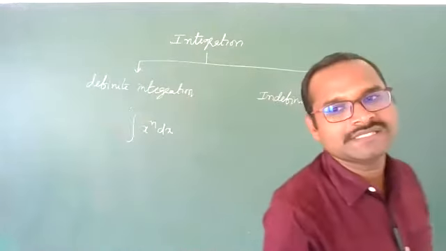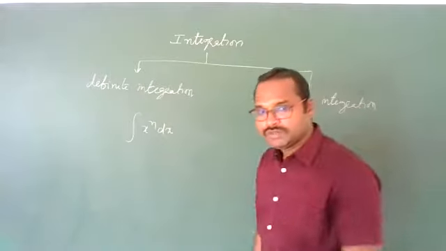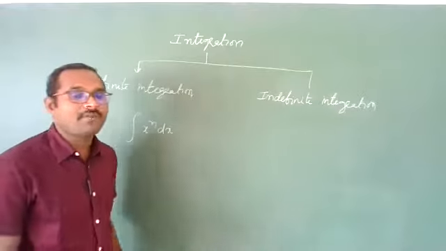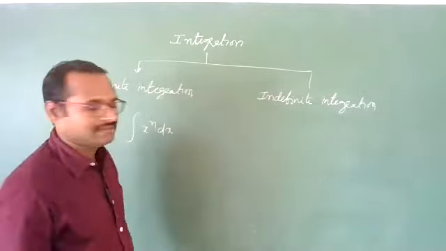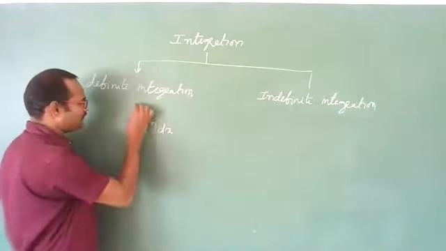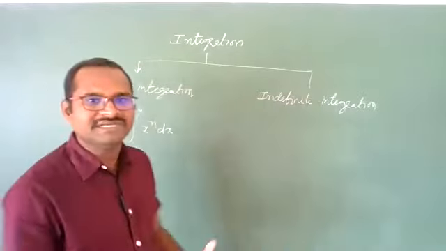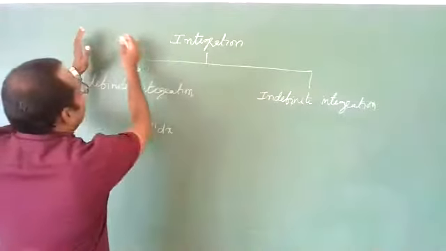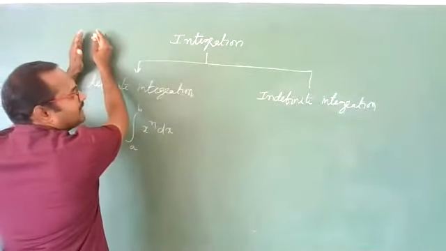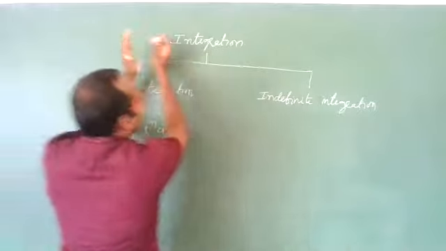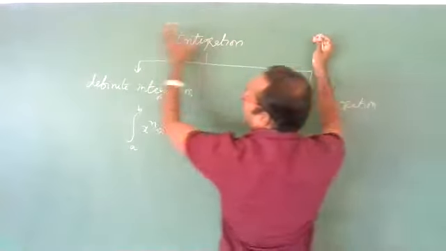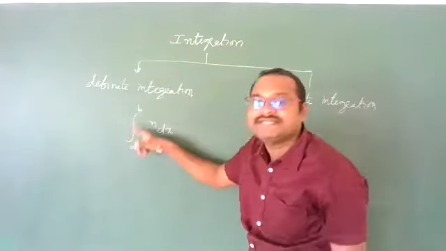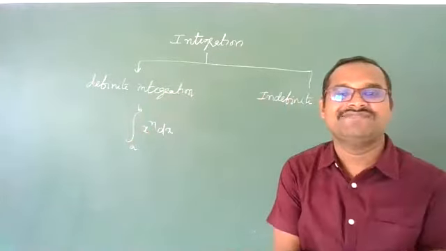Now in this, if you give from where to where you should integrate, means if you apply the limits, let us suppose from a to b, means we should add all from the starting limit to the ending limit. If you specify these in integration, that integration we call definite integration.